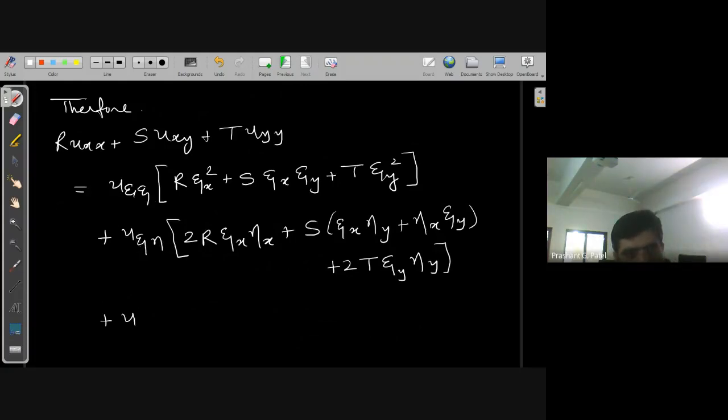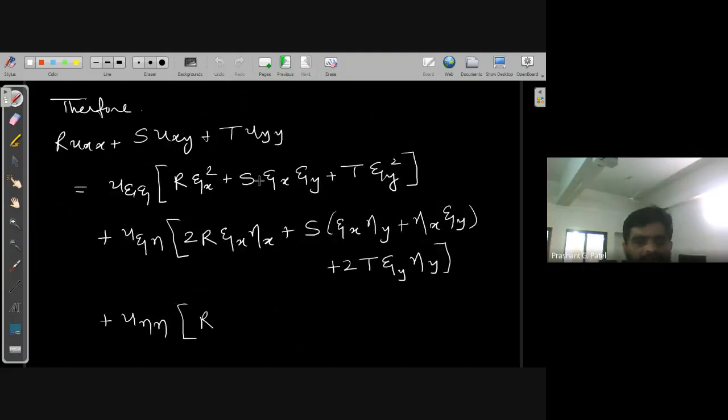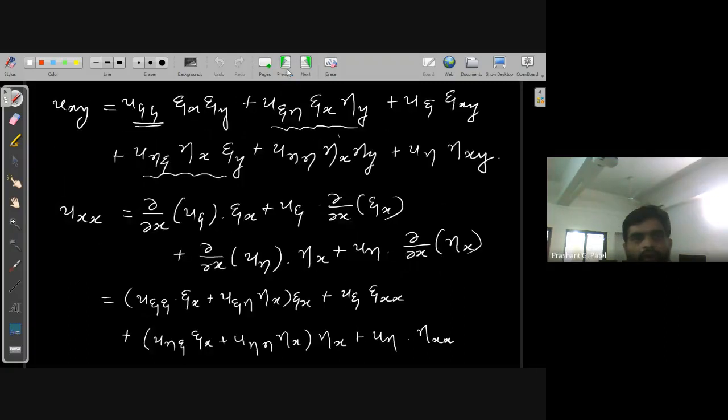Now u_eta eta will have r, you can observe that is this quantity here. It is r into eta_x squared, plus 2 times s eta_x eta_y, that is this quantity.